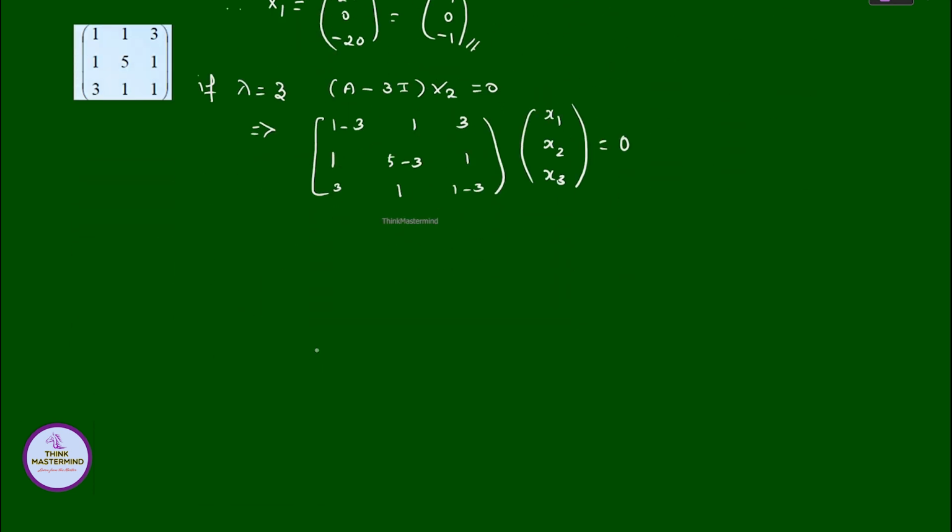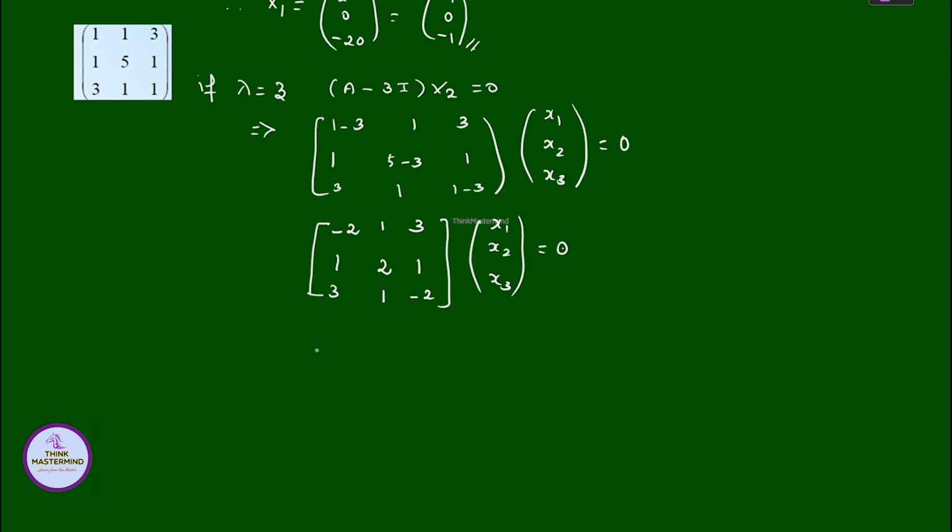That implies [minus 2, 1, 3; 1, 2, 1; 3, 1, minus 2] into x1, x2, x3 is equal to 0.